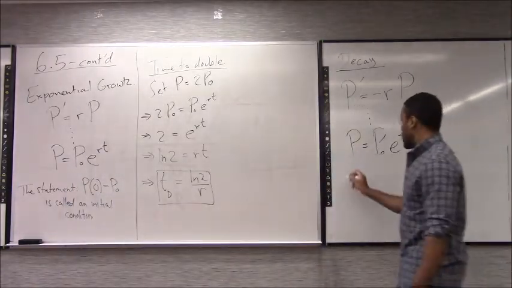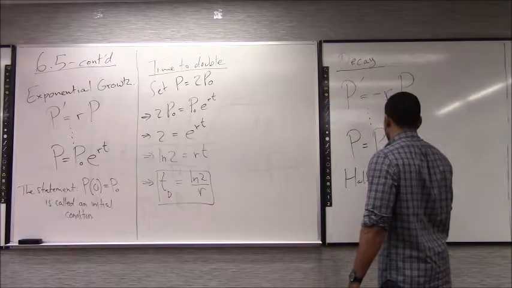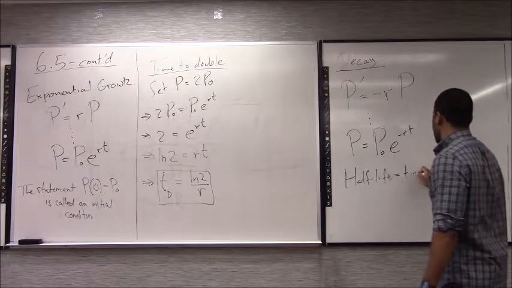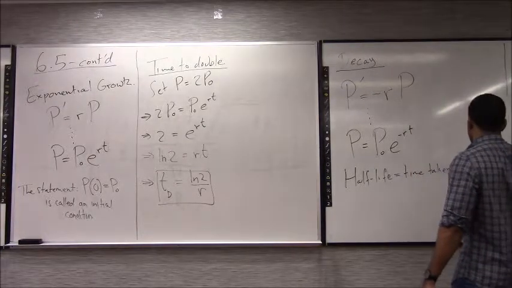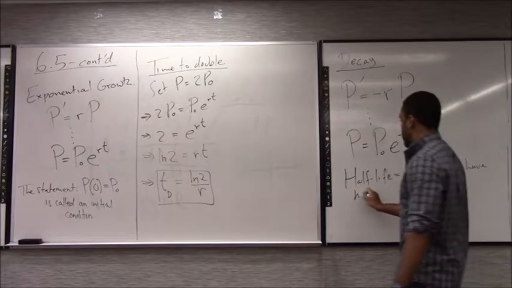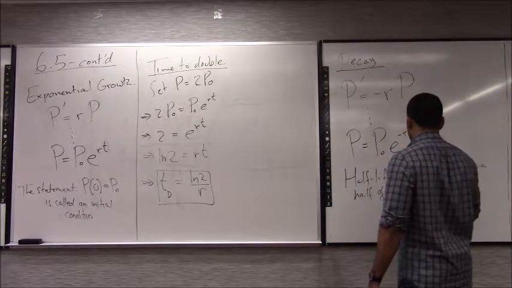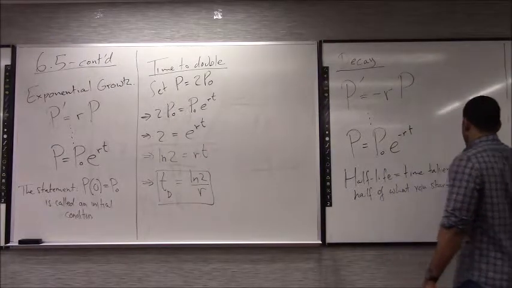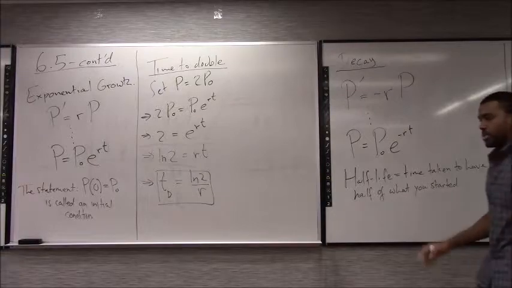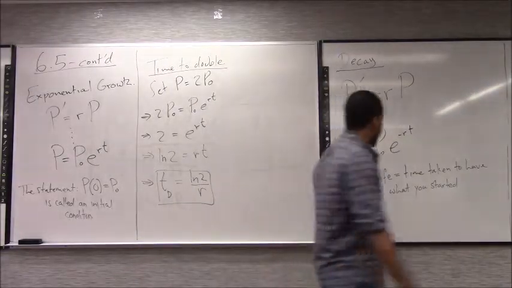So half-life is the time taken to have half of what you started with. If you have something that's decreasing, let's say you have 10 pounds of this thing, how long will it take before you have 5 pounds of that thing?